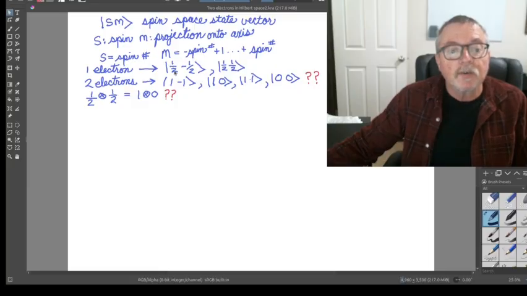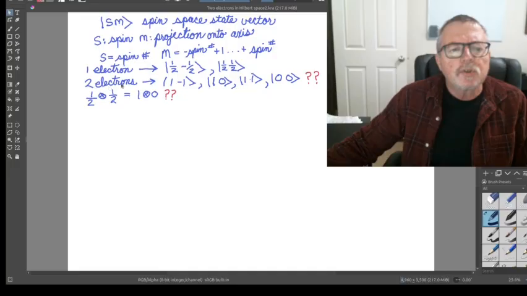We know that, or we should know that, or we might question it. But anyway, spin 1/2 for 1 electron. The first state is minus 1/2. You add 1 to that, and you get positive 1/2. So there's 2 states that the electron can be in. Well, okay, I guess we knew that already.